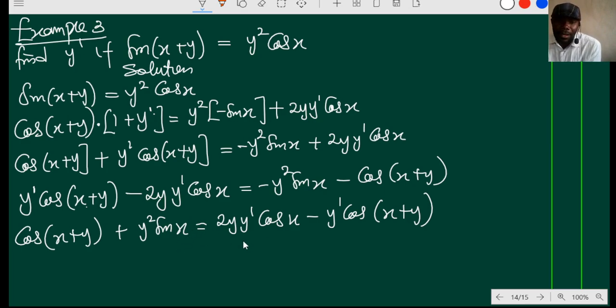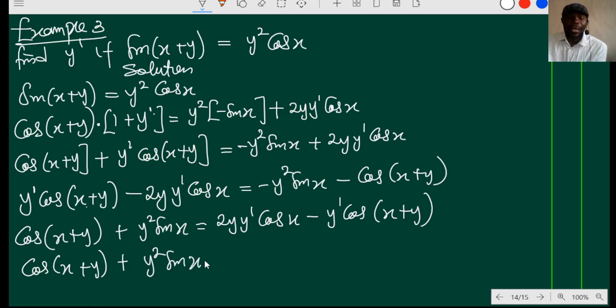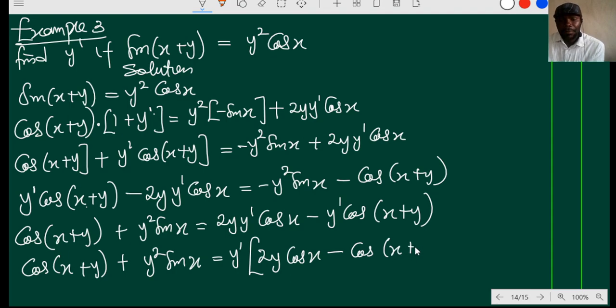So therefore, you know that y prime here is common. You now rewrite to have cos x plus y plus y squared sine x is equal to y prime onto 2y cos x minus cos x plus y.